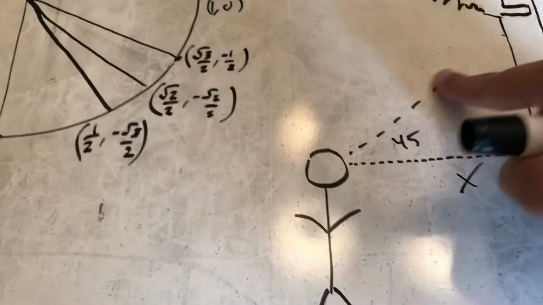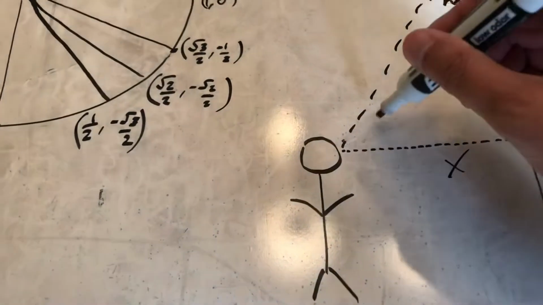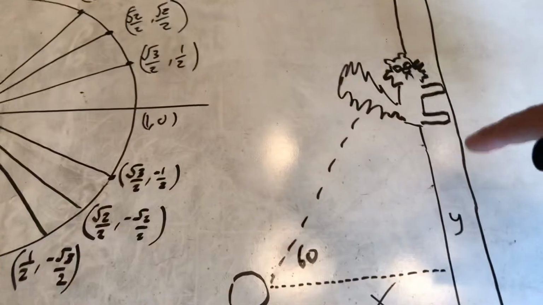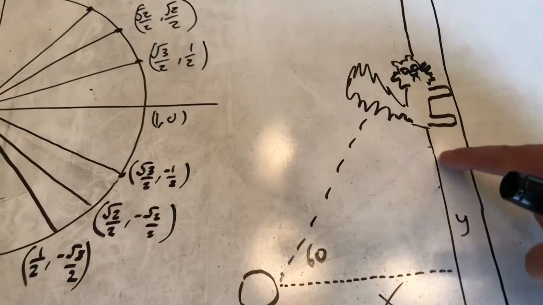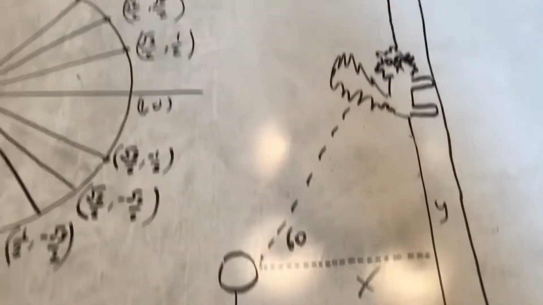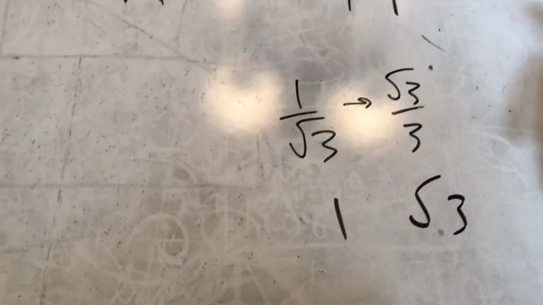Then the squirrel continues to go up the pole, and we get a 60-degree angle, maybe up closer to where the squirrel is on the pole now. You find the ratio between the opposite side and the adjacent side. So maybe this is 5 radical 3 and this is 5, or maybe this is 10 radical 3 and this is 10. But when you find that ratio, it ends up being radical 3 when you simplify it down.